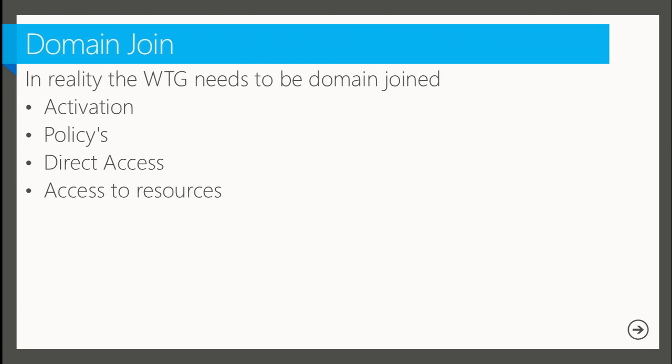We need policies for the Windows to Go devices to make sure they are in a separate location in Active Directory. Why? Well, because number one, you gave the USB stick or device to one of your sales guys, and he hasn't been using that since he got it. The normal cleaning up in Active Directory doesn't apply.